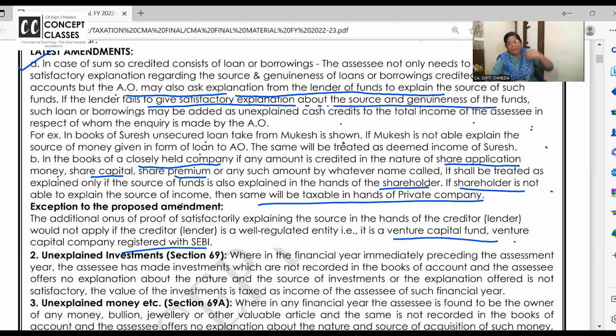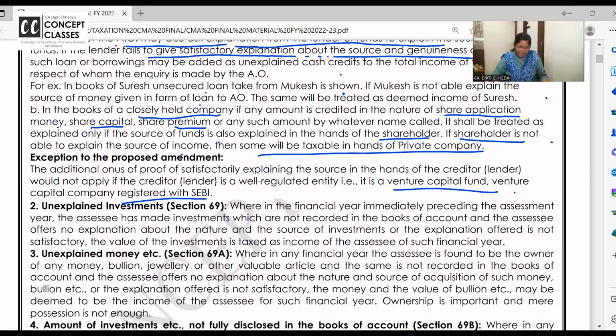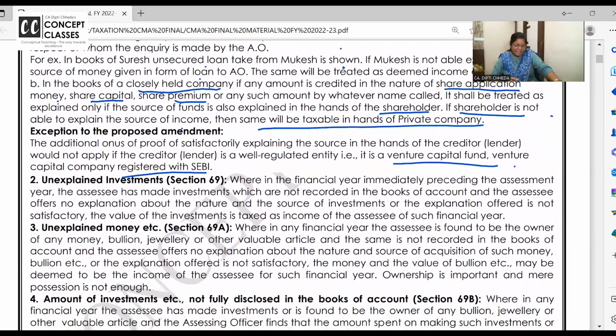So though there is an amendment that if the lender is not able to explain, it will be my income, and if a private company shareholder is not able to explain, it will be my income, still, in case of a Venture Capital Fund or Venture Capital Company, it's not going to be taxable and no explanation is asked. Clear? Next is unexplained investment.